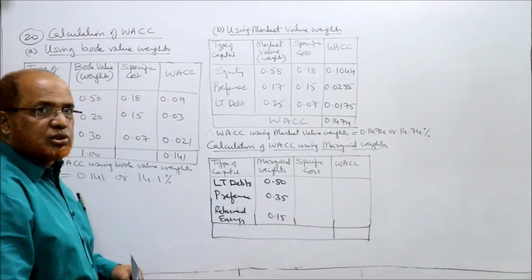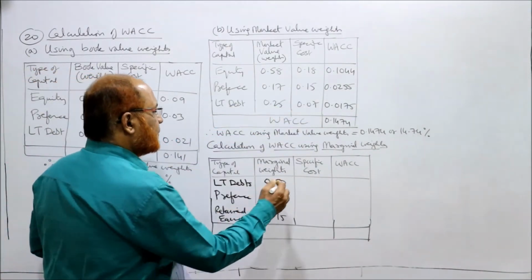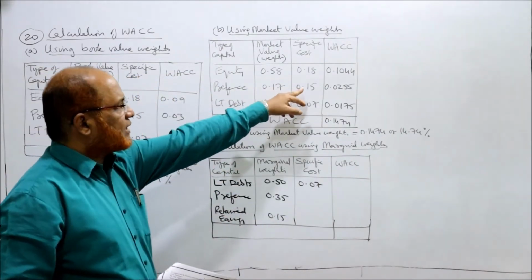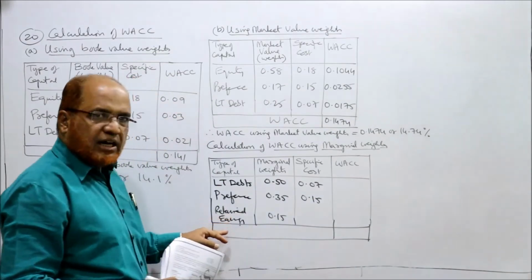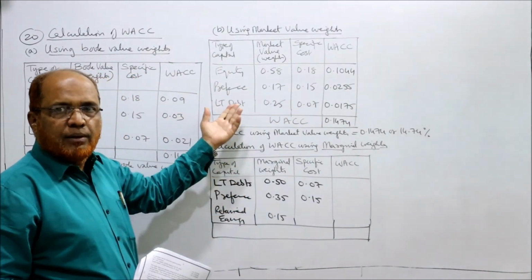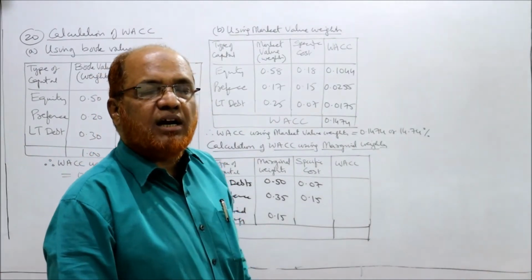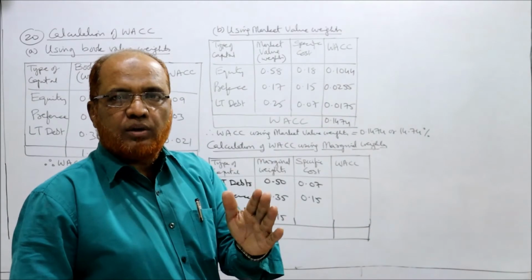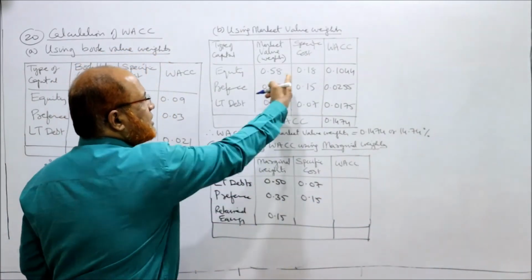Now specific cost. For long-term debt, the specific cost is 0.07. For preference, the specific cost is 0.15. And for retained earnings, it is not given. But remember, the specific cost of retained earning will normally be equal to the cost of equity. Cost of equity and cost of retained earning will be equal. So cost of equity is 0.18.